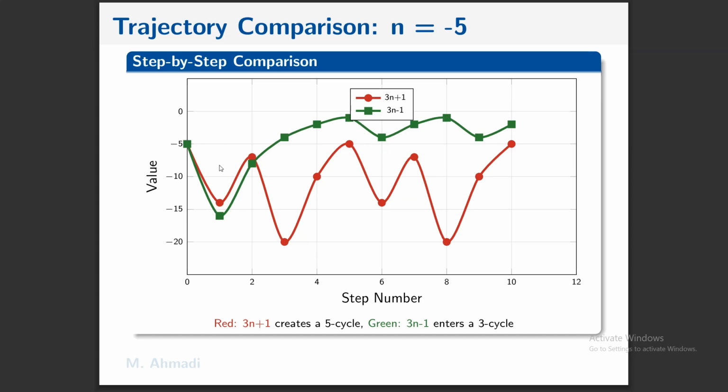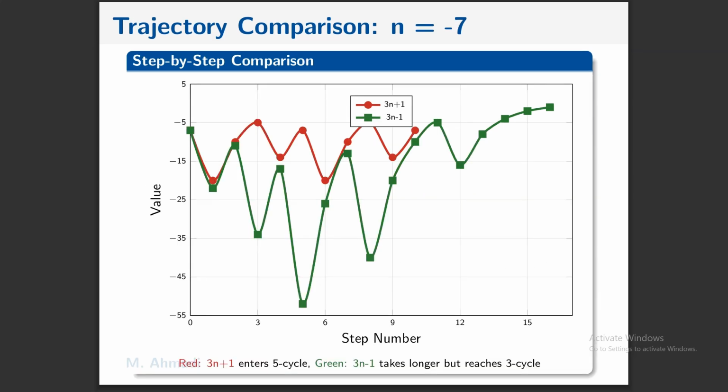And for the red curve, after the sequence, it also enters a cycle. We have a cycle here. 3n plus 1 creates a 5 cycle, and the green, 3n minus 1, enters a 3 cycle. Here is the value, and here the number of steps.